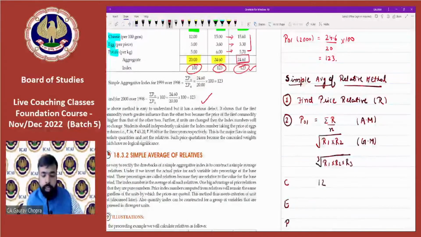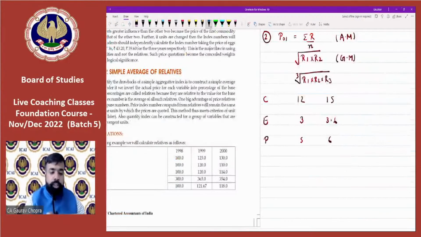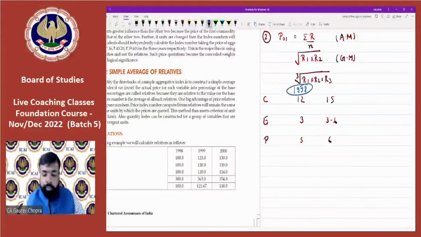Price was 12, 3, 5, then 15, 3.6, and then 6. So we have taken first only 2 years. First year was 1998 and second year was 1999. Now we have to find out the relative.